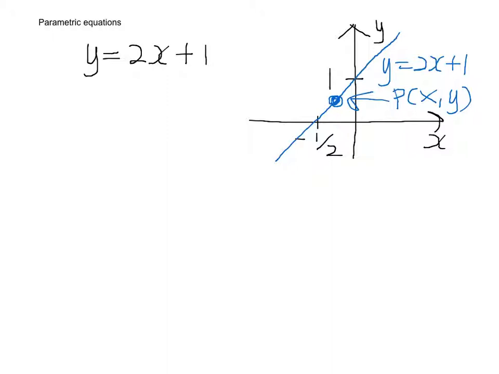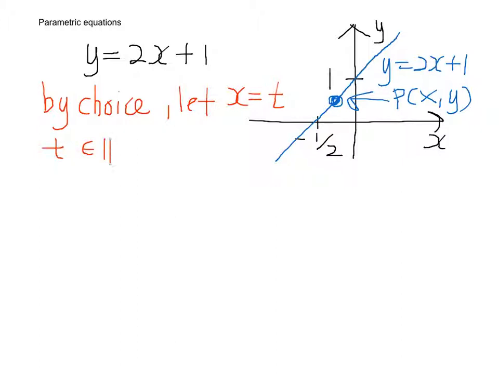So we can do that. And now let me stress this: by choice, I'm going to let x be substituted by t, and t is any real number, and t is called a parameter.